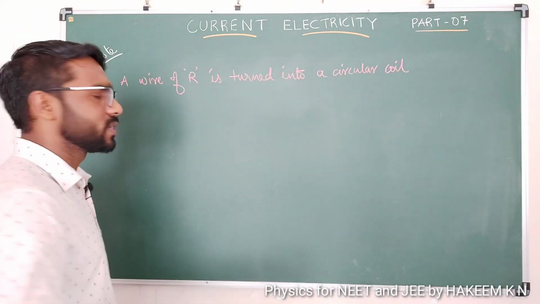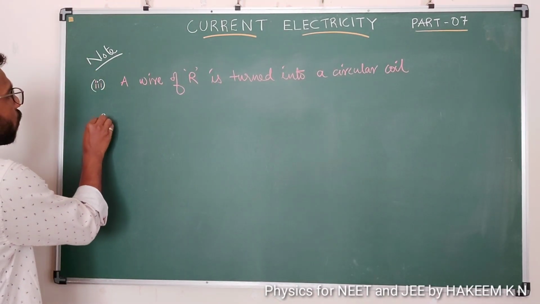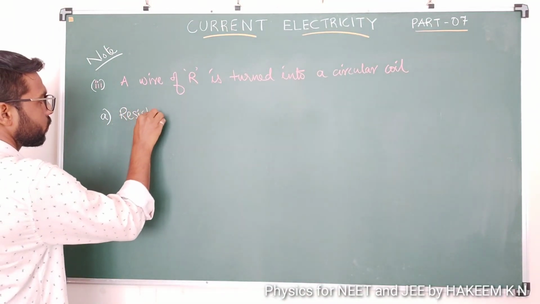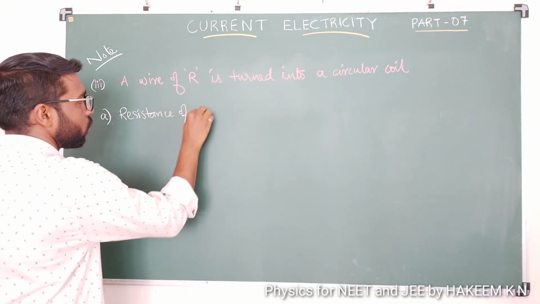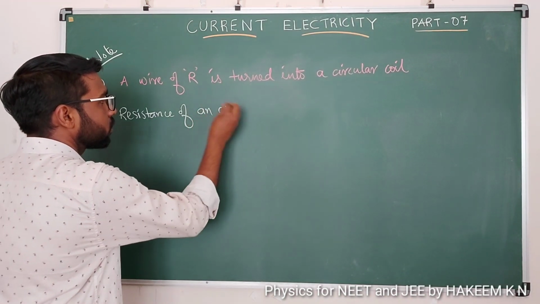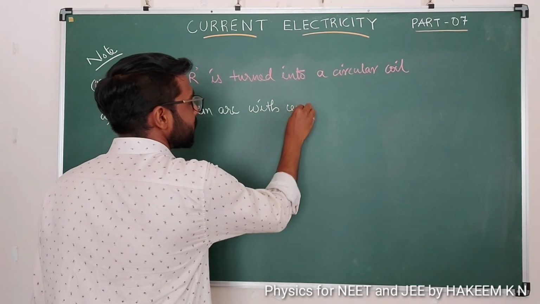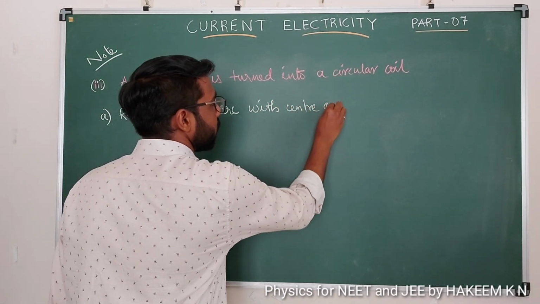Then what is the resistance of an arc with center angle theta?